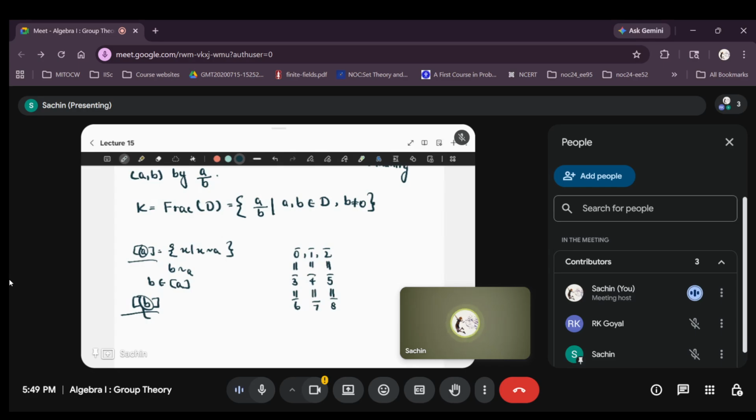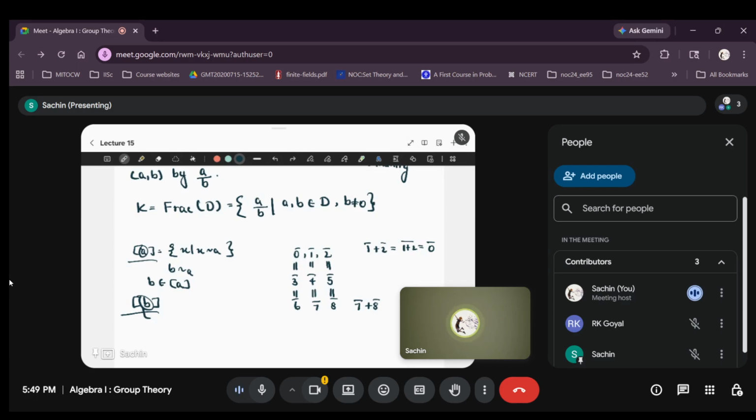And then when we did addition, when we said 1 bar plus 2 bar, this is equal to the equivalence class containing (1 plus 2) mod 3, that is 0. Now, instead of 1 bar and 2 bar, if you take 7 bar plus 8 bar, you should get the same thing, because 1 and 7 are simply representatives. What you are actually adding are the equivalence classes, the sets, as elements.